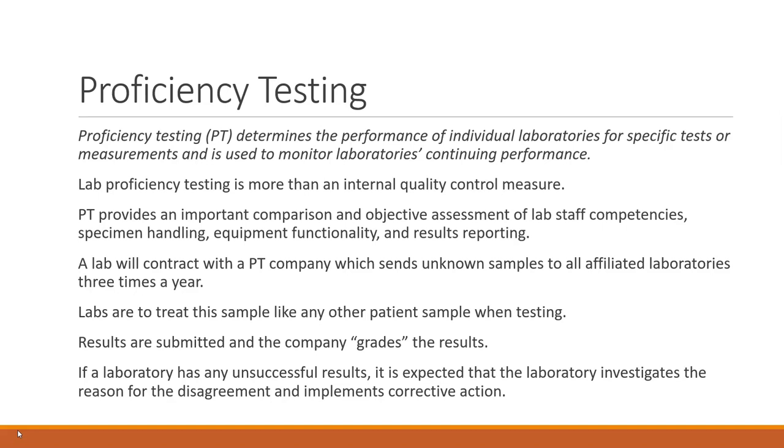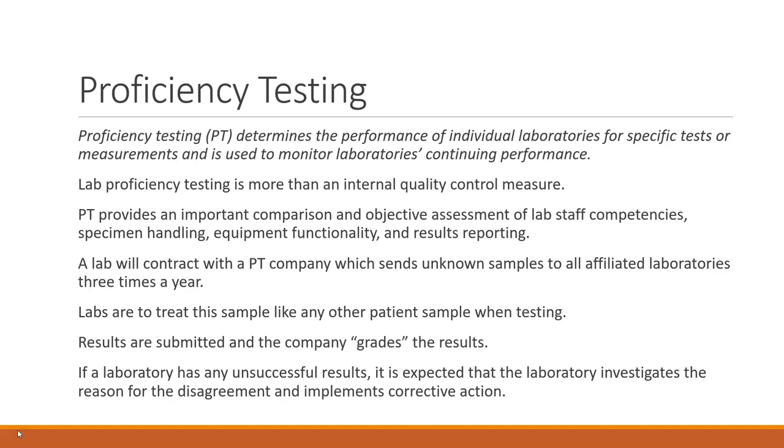So all the labs test these samples, all the labs send in their results, and if there is an outlier, if all the labs fail a certain component of the PT testing, maybe the sample was off. So that has to be taken into consideration.